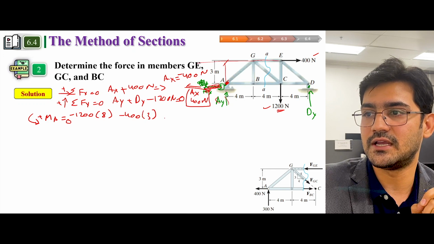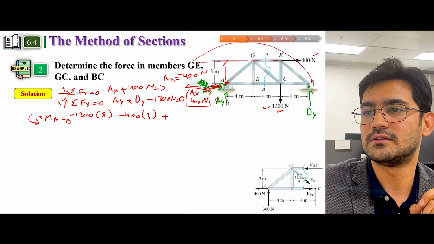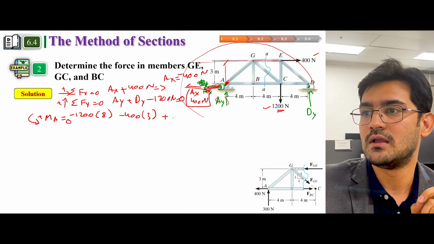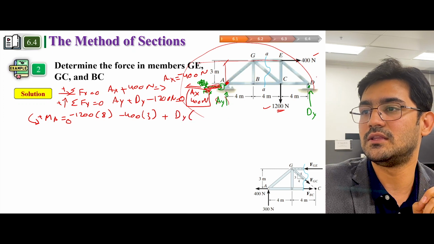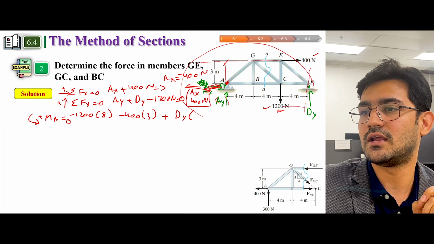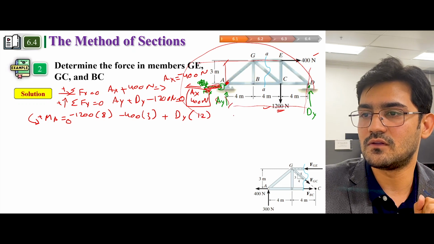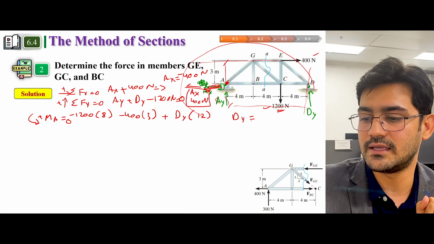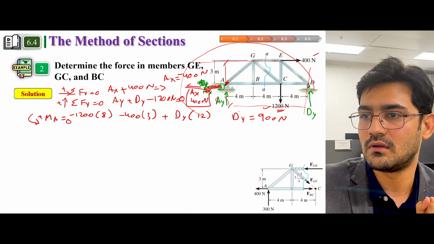The last force is anti-clockwise because it rotates the joint anti-clockwise, and anti-clockwise is positive. The distance between the line of action and the axis of rotation is 4, 8, 12. If you solve this, you will get D of y is equal to 900 Newton.